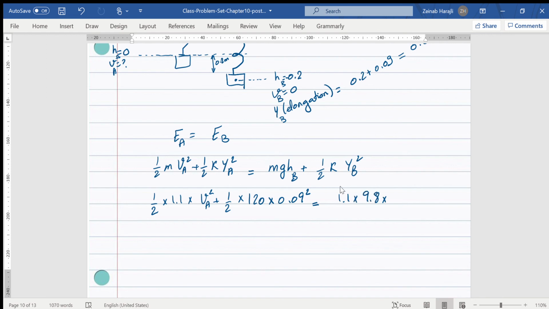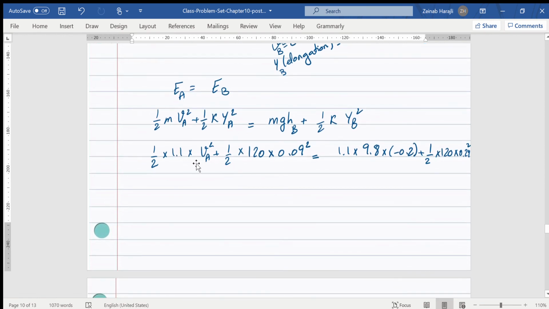The height at B is minus 0.2. And this is the elastic potential energy, which is 0.29 squared multiplied by K and a half. And now all we have to do is solve for the speed. So if we solve this, we are actually going to get 2.1 meters per second.